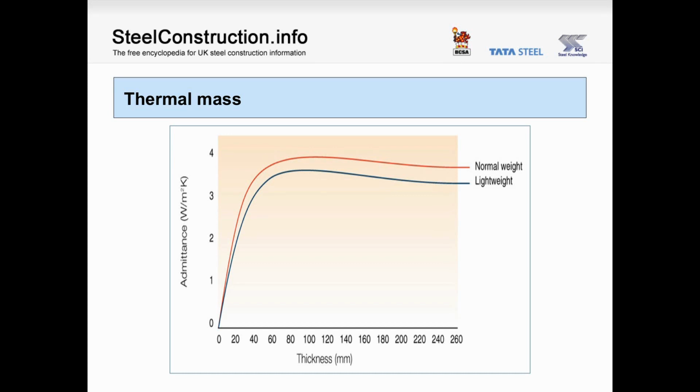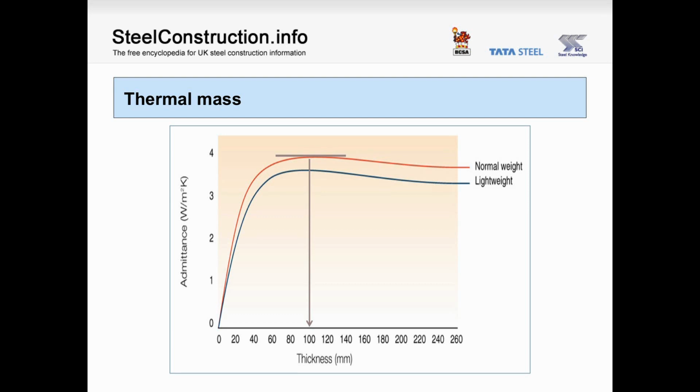Admittance is the correct measure of the concrete's ability in the floor slab to absorb and then discharge heat over a diurnal cycle. It can be seen from the chart resulting from research at City University and from Oxford Brookes that anything over 100 mm can't be utilised for thermal mass, and there's greater than 100 mm of concrete in all floor systems in a steel frame building, as there is in a concrete frame building.